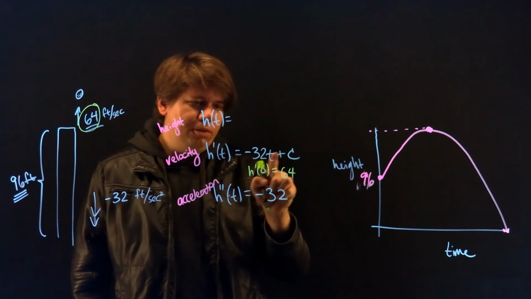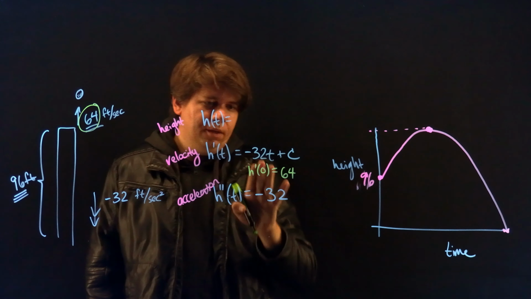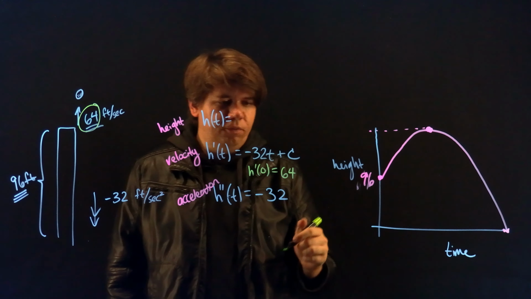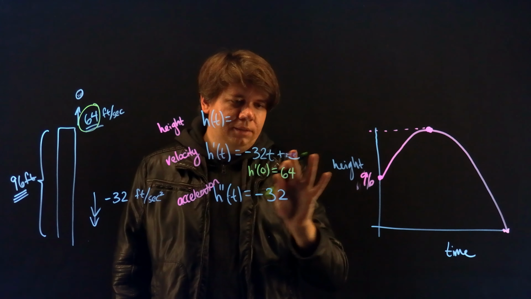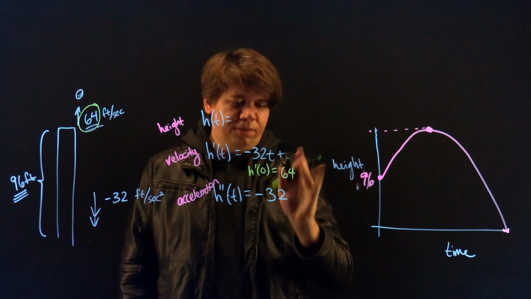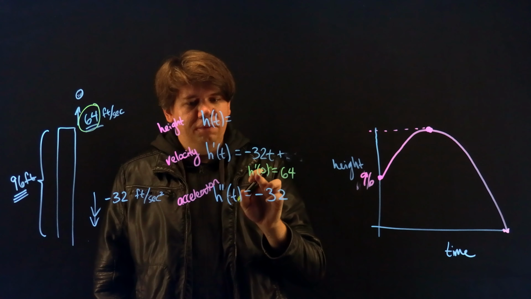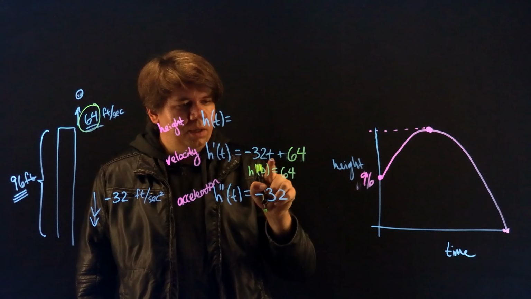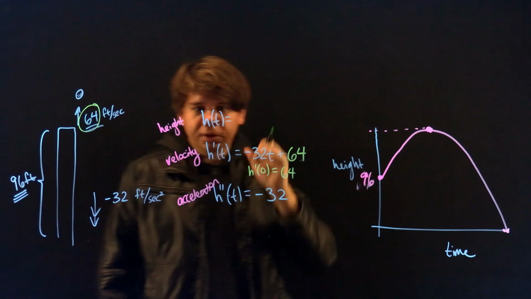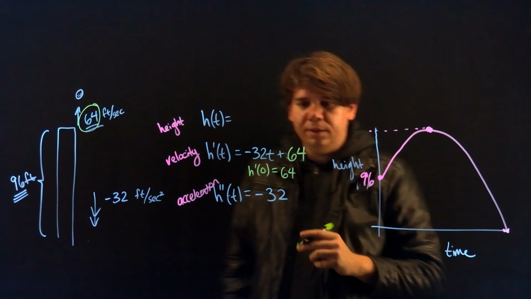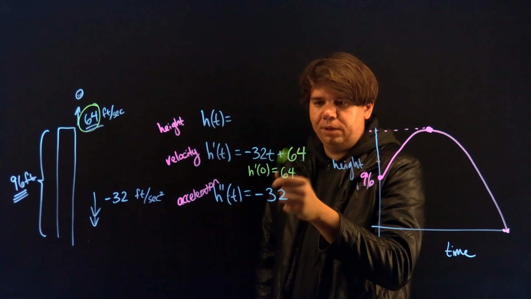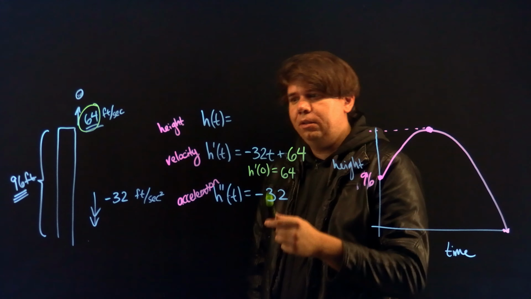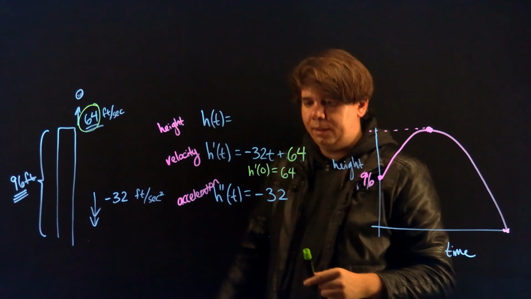If you plug 0 into this, well, that's just 0, so that means my constant must be 64. So this tells me that in order to satisfy this initial condition, that my initial velocity was 64, my constant must be 64. So when I plug in 0 for t, I get 64. Okay, so hopefully that's clear how we got that piece. Now we want to do the antiderivative again to go from velocity up to height.